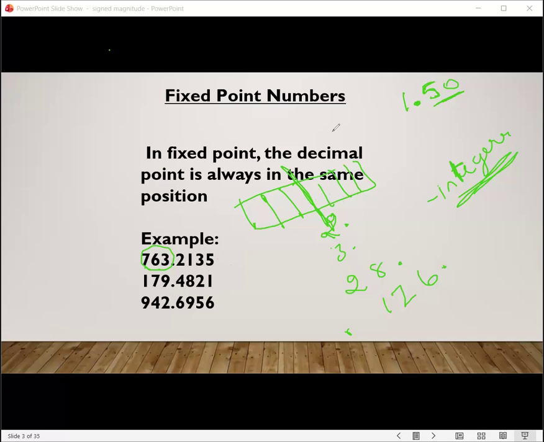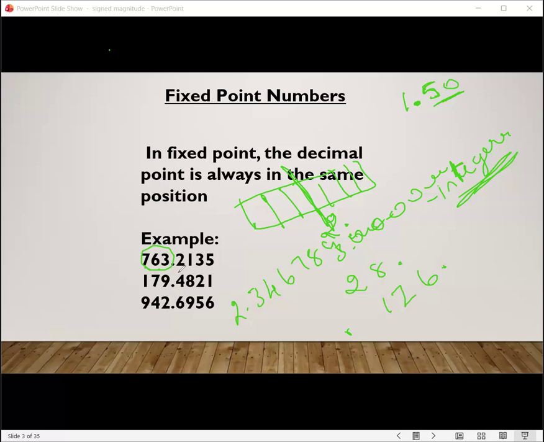Consider if we have a very big number, like 2.3467, and it goes on like that, 0000. So how can the computer represent this number using this register? It is very hard for the computer to allocate bits according to the numbers.